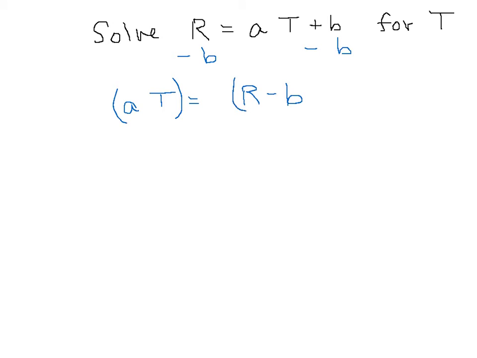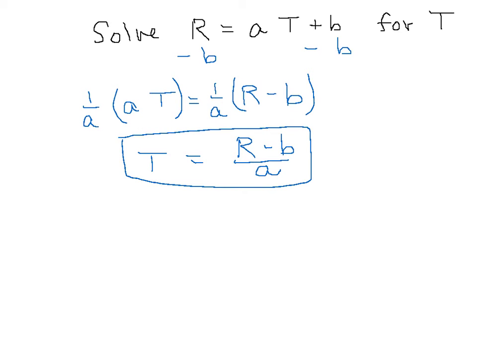Now I'm going to multiply both sides by 1 over a, and I get t is equal to r minus b over a. Okay, example 2. Make sense?